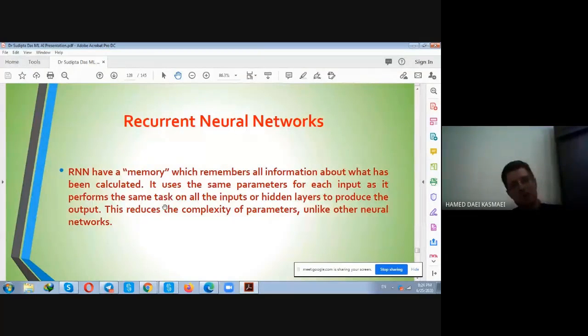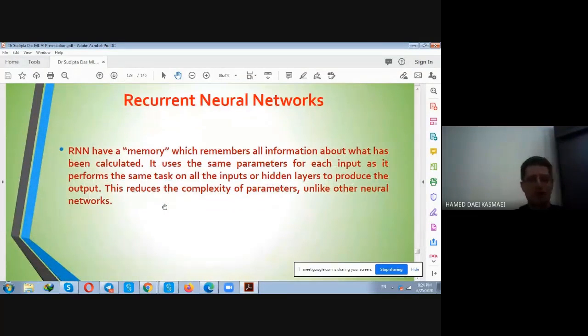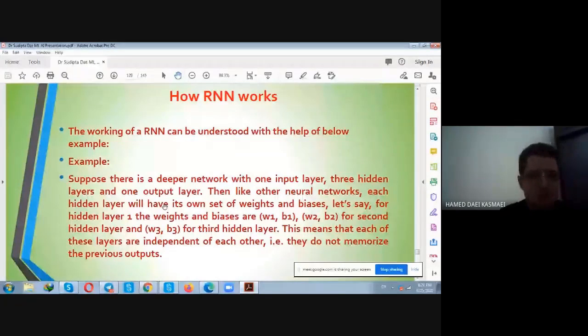Okay, and you will see here how RNN works. The working of RNN can be understood with the help of the below example. Suppose there is a deeper network with one input layer, 3 hidden layers, and 1 output layer. Then, like other neural networks, each hidden layer will have its own set of weights and biases.